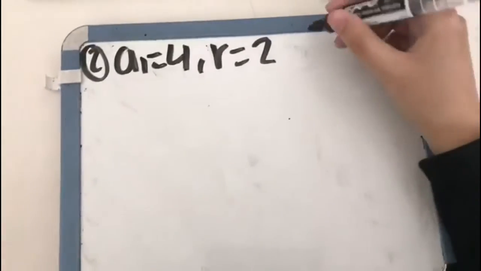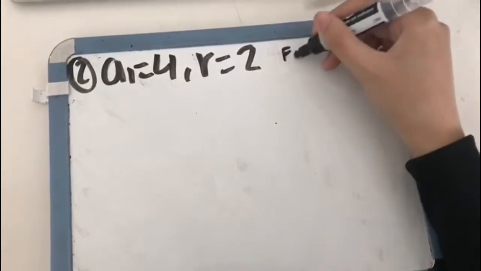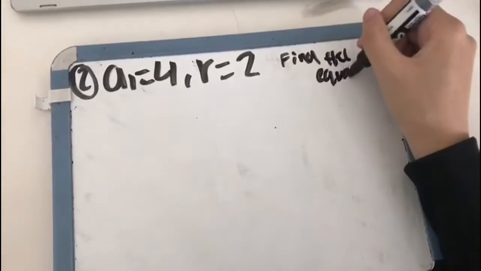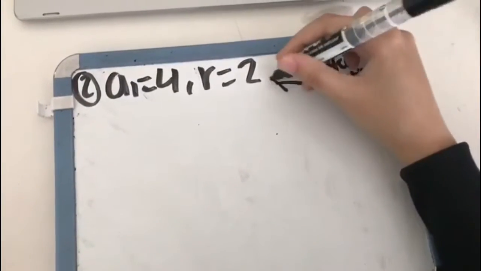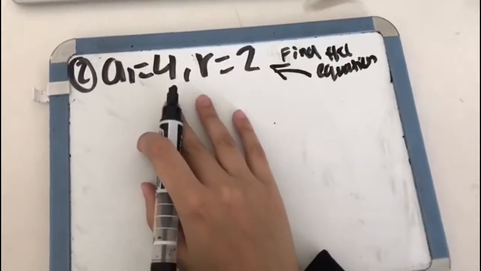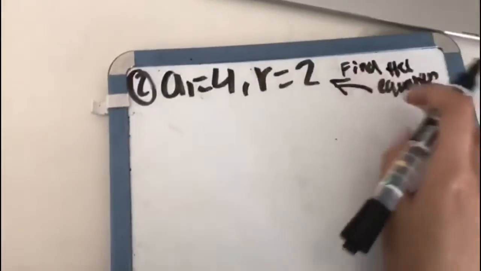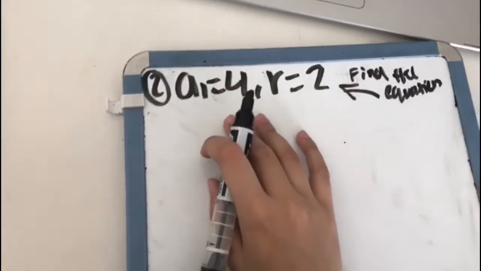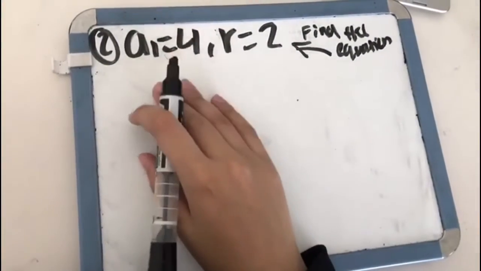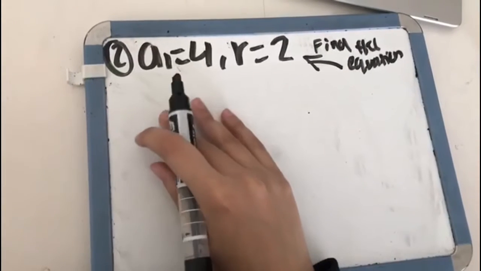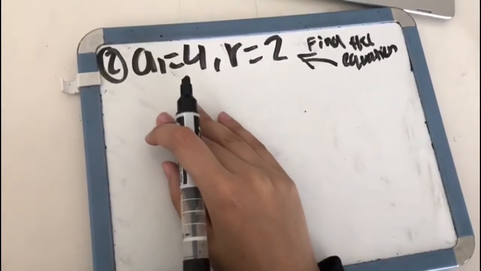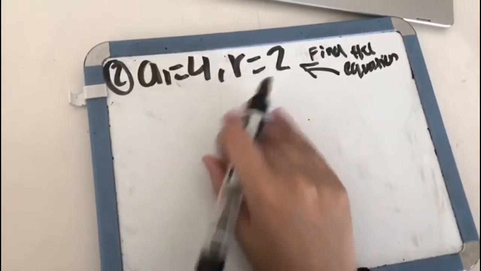They're asking to find the equation from only these two pieces of information. So how do we substitute, or what's the first step? The first step is to identify where A1 and R are located in the formula.